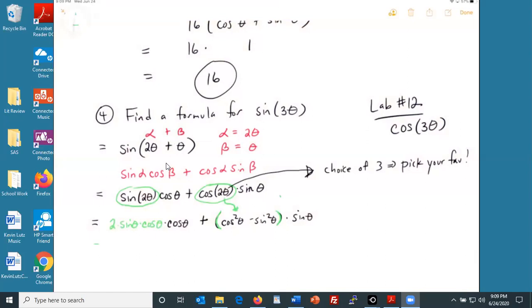All right, and now just simplify a little bit. And what do I get? I get 2 sine of theta times cosine squared of theta plus sine of theta times cosine squared minus sine cubed of theta.